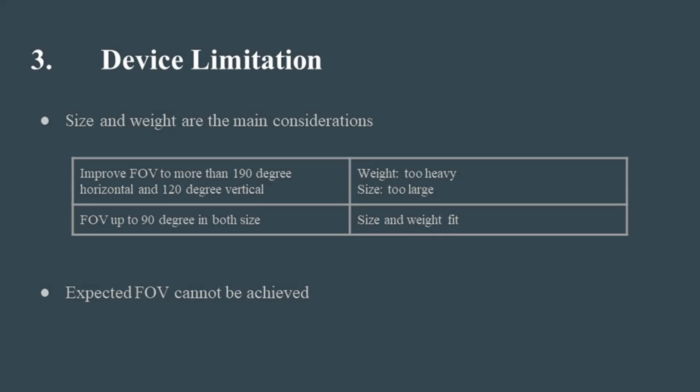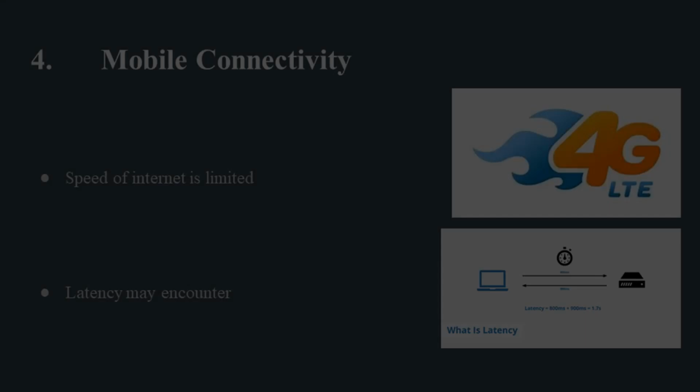And for the device limitations, size and weight are the main considerations here. To improve the FOV to the expected value, the weight and size must be increased, which will be uncomfortable for the user. Therefore, in current technology, the FOV cannot meet the expectation of the user.